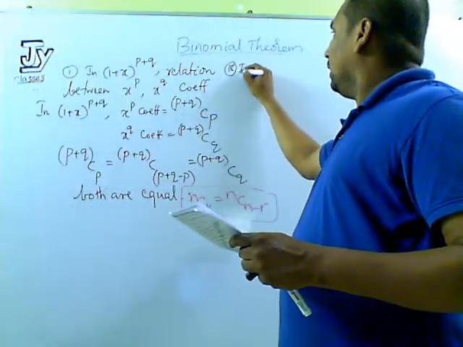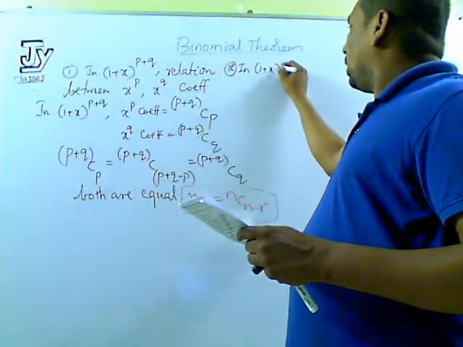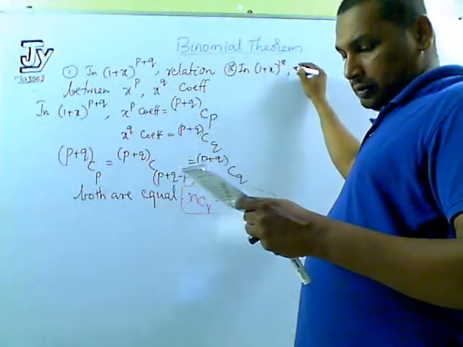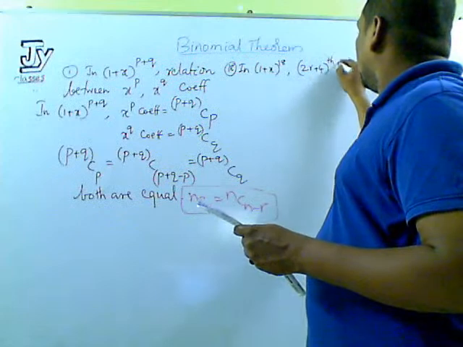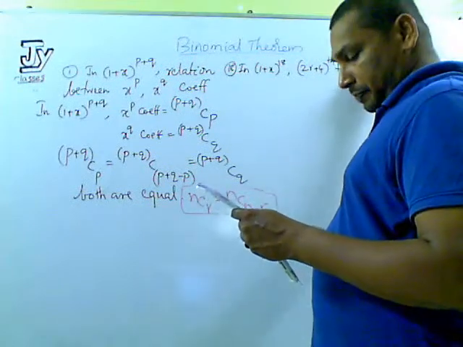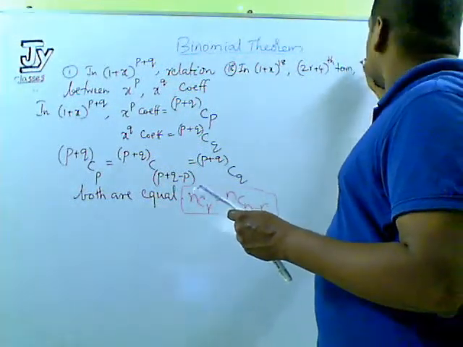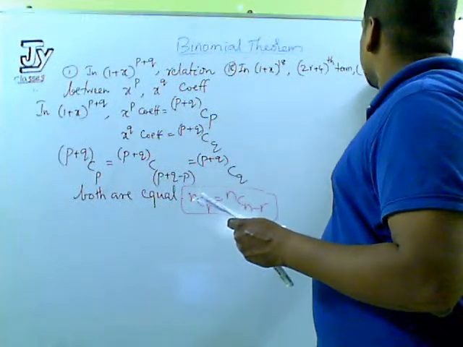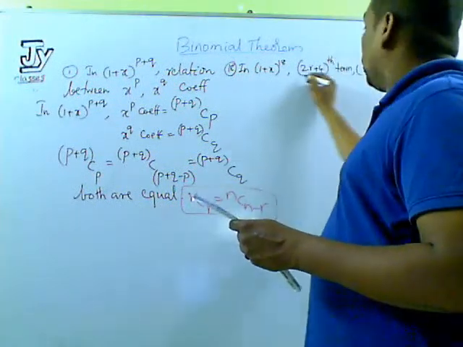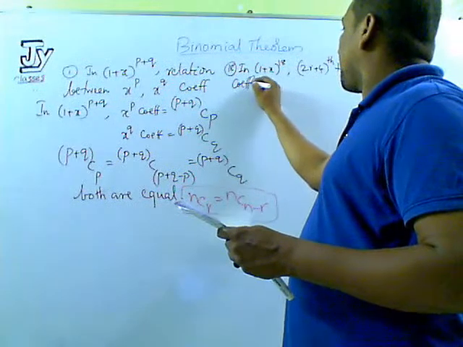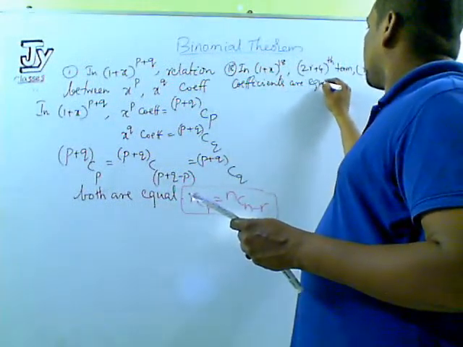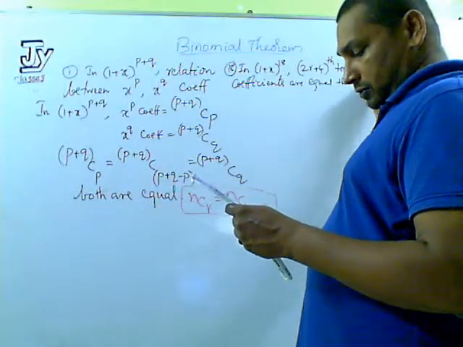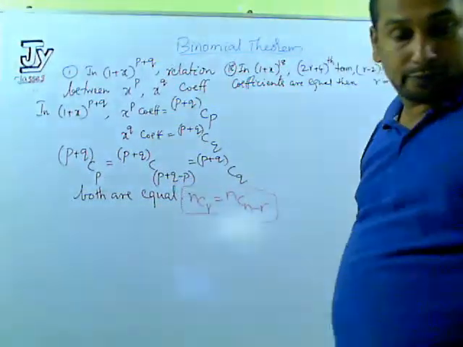In (1 plus x) whole power 18, the (2r plus 4)th term and (r minus 2)th term coefficients are equal, then what is r?